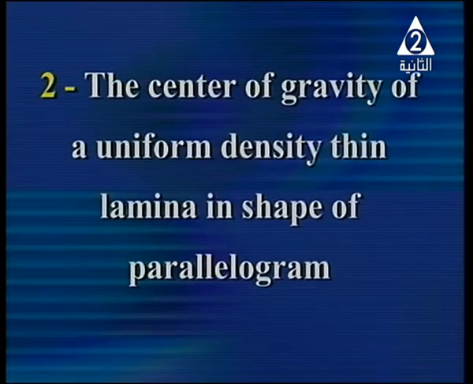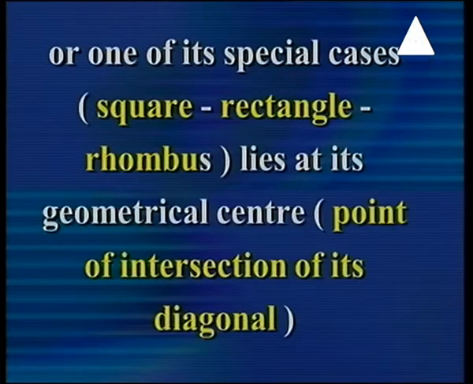Number 2, the center of gravity of a uniform density thin lamina in the shape of a parallelogram, or one of its special cases: square, rectangle, rhombus, lies at its geometric center. What is the geometric center? The point of intersection of its diagonals.